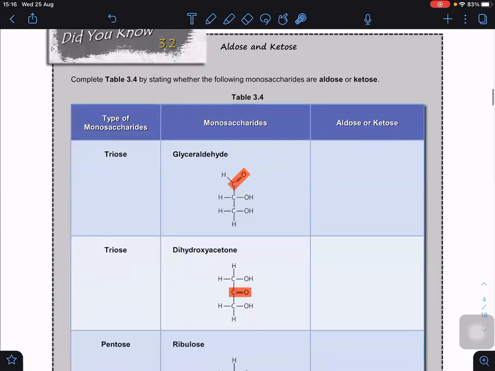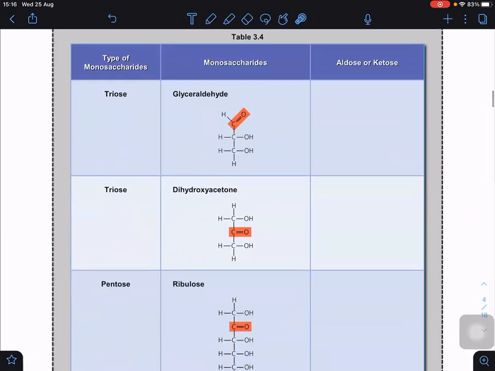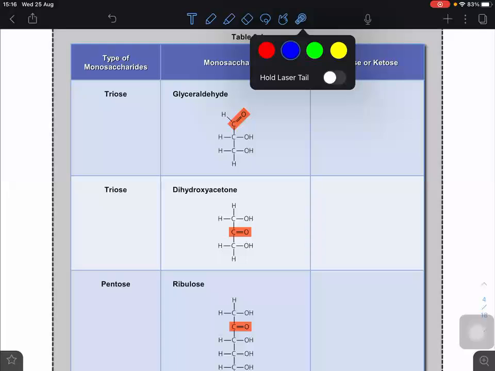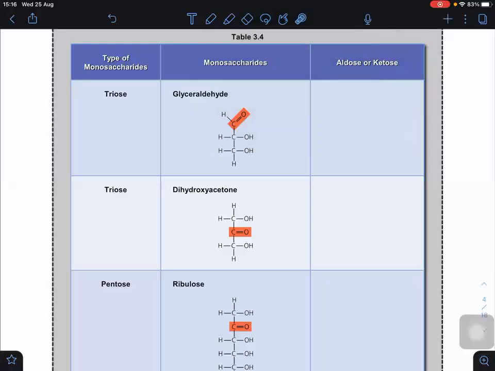We look at this. I will start with the triose as an example. This is aldose. Now, how do we know it's aldose? It's an aldehyde sugar. First, basically the name, glyceraldehyde, right? But how do we look at it? Look at this carbon.